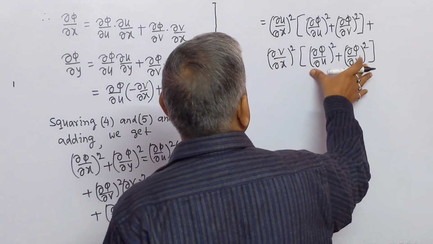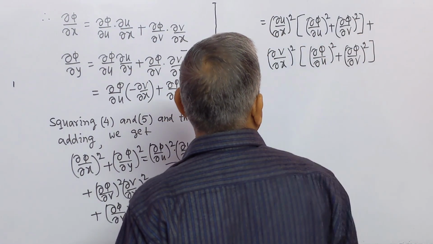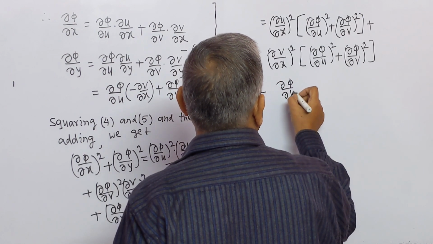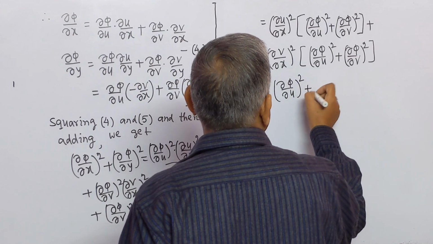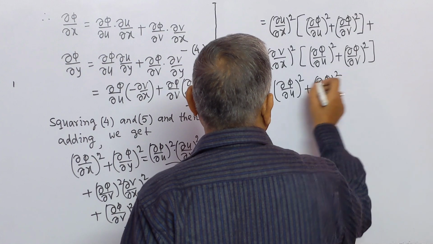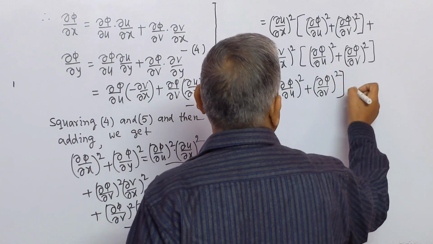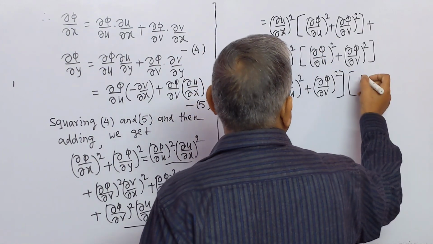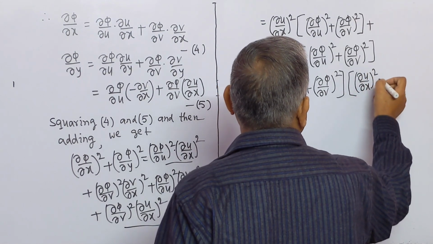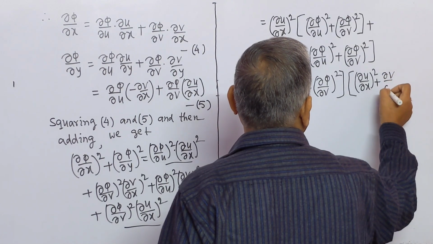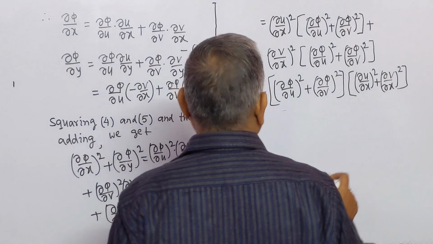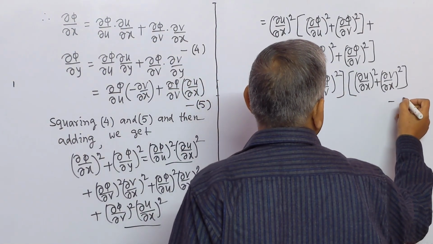So we take common this term from both. This equals del phi by del u whole square plus del phi by del v whole square, and here remains del u by del x whole square plus del v by del x whole square. Let this be number 6.